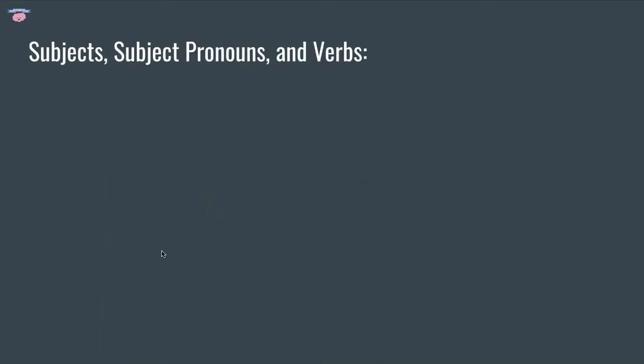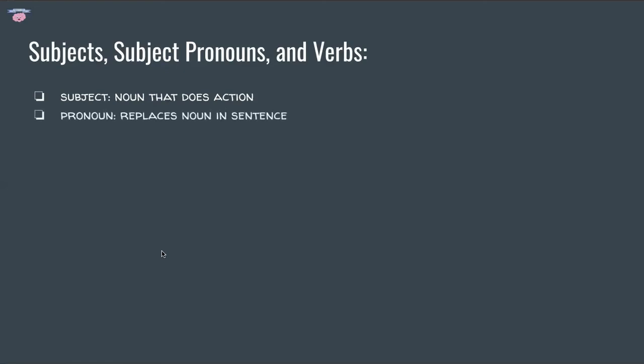Now we're going to talk about a bit more sentence related. So a subject is a noun that does the action in a sentence. A pronoun replaces a noun in a sentence. So for example, if we had Jack ate, we can instead write he ate.